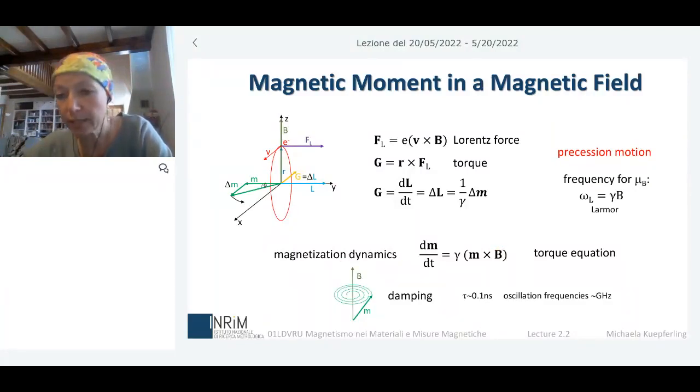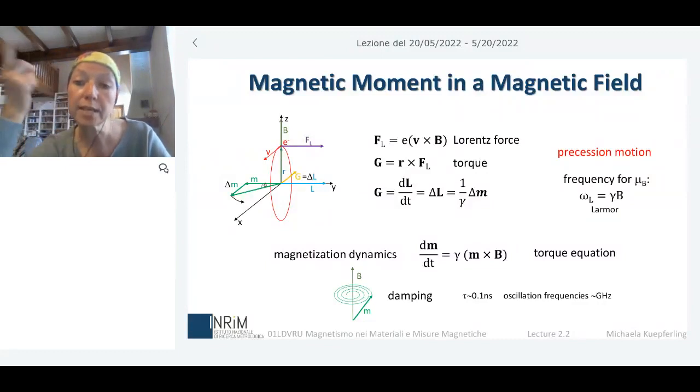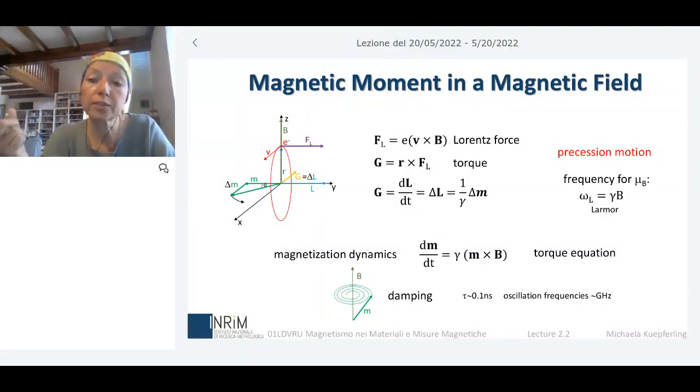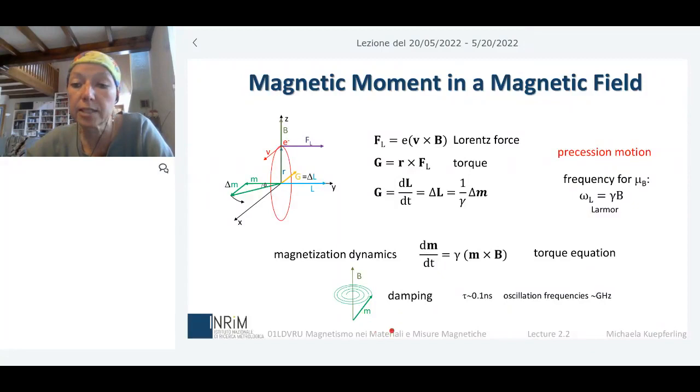But what we did not consider in this dynamic equation is that we have a damping. So usually our magnetic moment will precess around this field direction, but due to the damping, which is somehow a connection between the magnetic system and the atomic system, so the crystal system, a transfer of energy will happen from the magnetic system to the crystal, and the magnetic moment will lose energy and will spiral down in the direction of the B field.